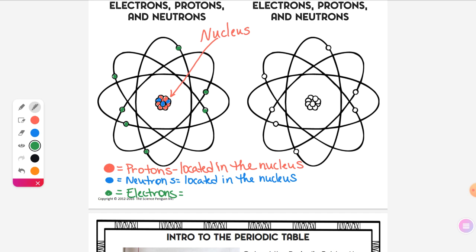They're called electron rings, and they are on the rings going around the nucleus. Okay, and while you guys are finishing drawing that, I'm going to pass out a periodic table to you.